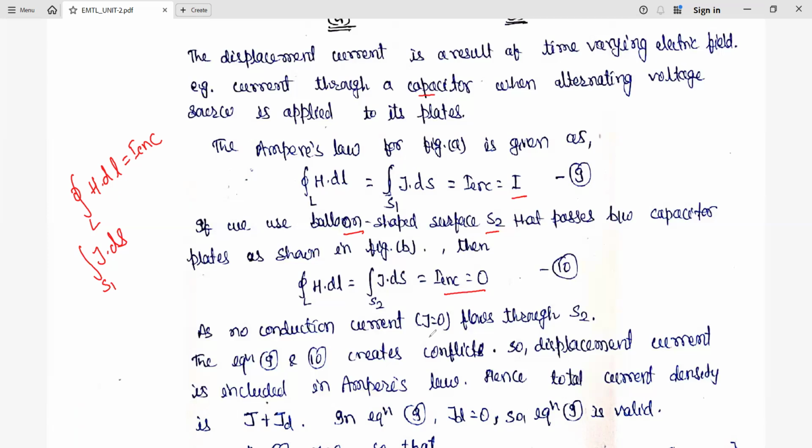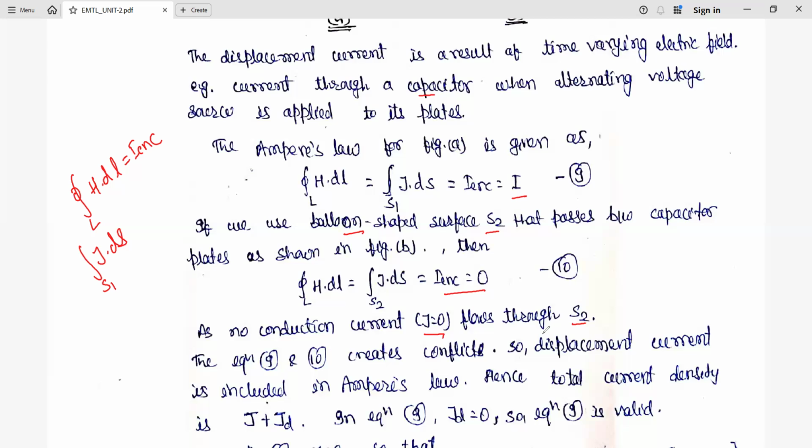So conduction current is 0; no conduction current flows through the surface S2. So equations 9 and 10 again create a conflict. In one situation, you get the integral of H dot dl is I. In another situation, the integral of H dot dl equals 0. It shows the inconsistency of Ampere's law.